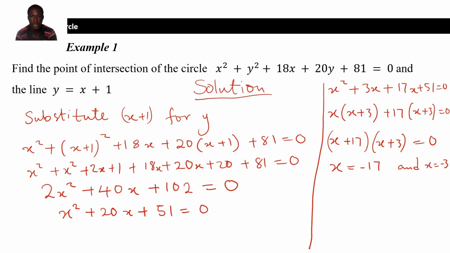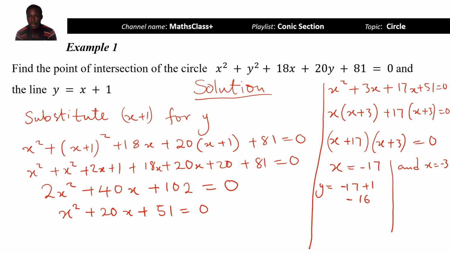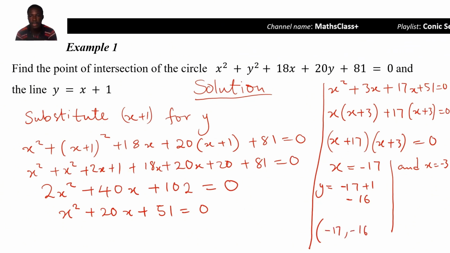Now I need to find the corresponding y value. So when x is negative 17, y will be equal to negative 17 plus 1, which will be negative 16. So this one will give me the point (-17, -16).